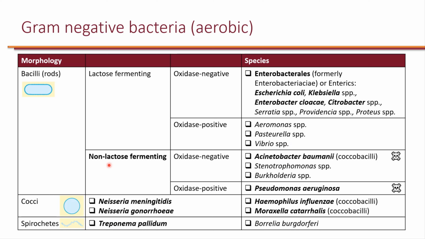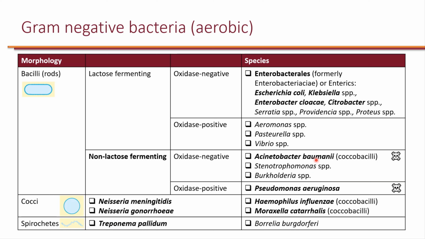And then when it comes to non-lactose fermenters, and this is bolded because these are very important organisms because they typically are very resistant to a lot of antibiotics. So the most important would be Pseudomonas aeruginosa. So this causes a lot of severe infections and becomes difficult to treat.